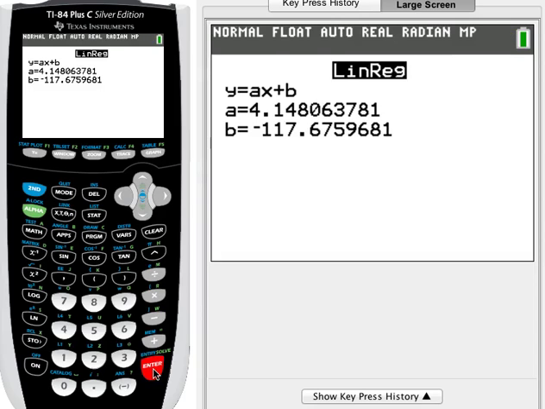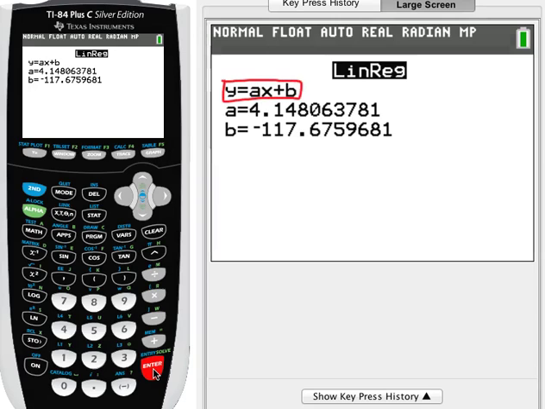And there it is. Now obviously you don't have to write down every single number here. So let's go back. Notice the form, y equals ax plus b. So my a is about 4.15. That's telling me my slope is 4.15.